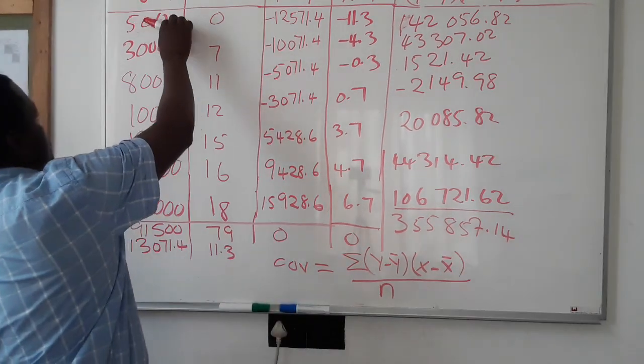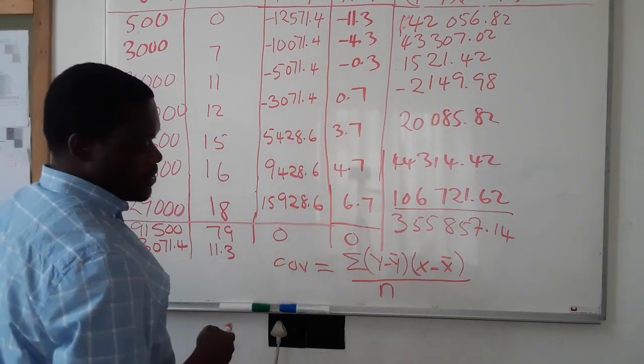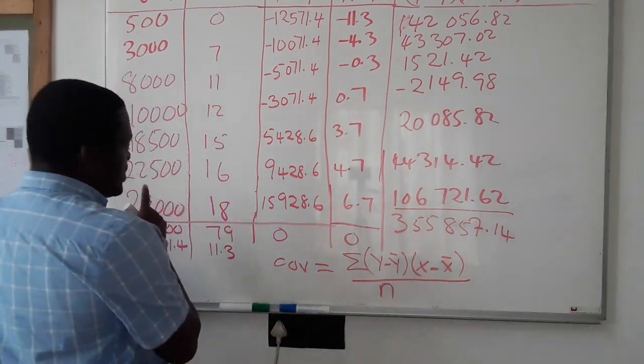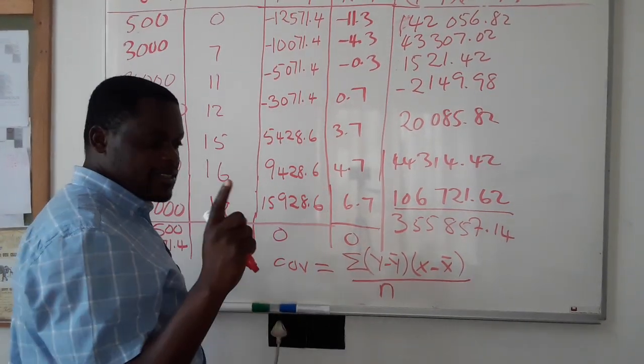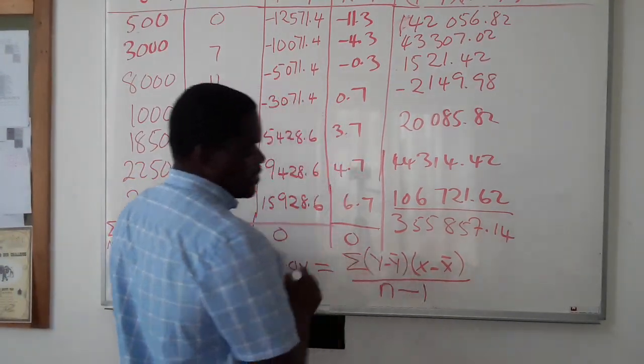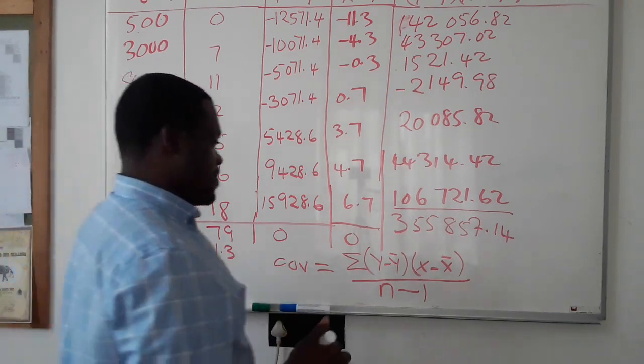Our sample is 1, 2, 3, 4, 5, 6, 7. There are 7 people we interviewed in the labor market. But because we used this data to calculate one sample statistic called the mean, we must subtract 1. So now we have n minus 1 degrees of freedom.